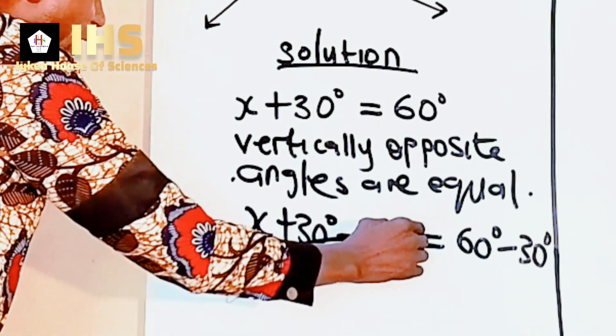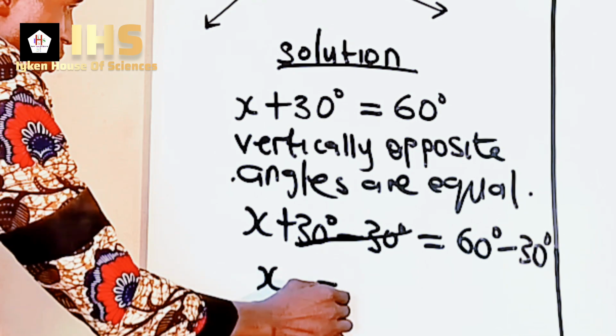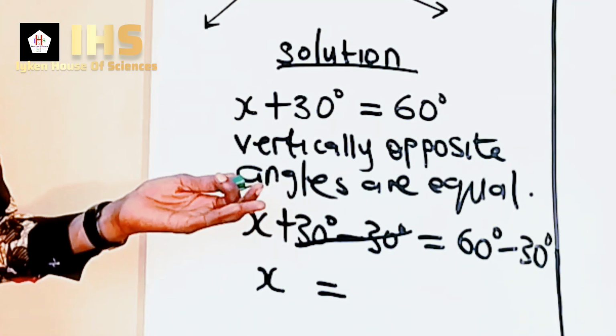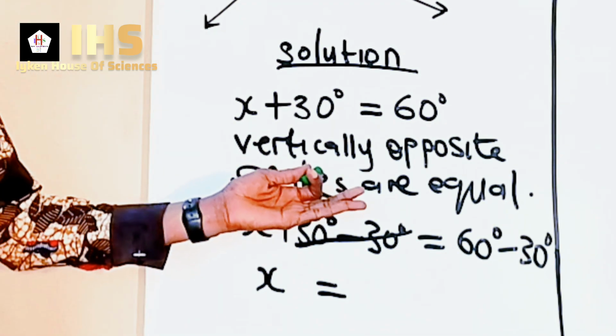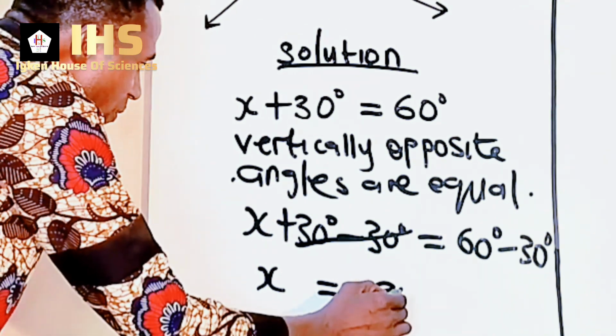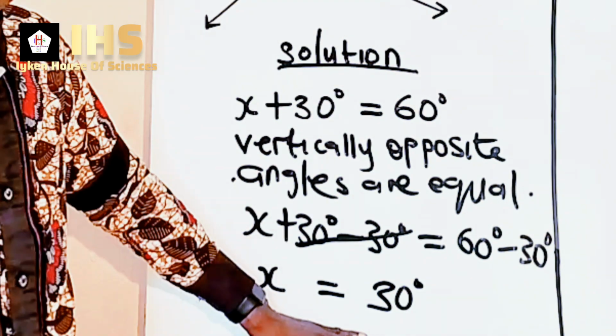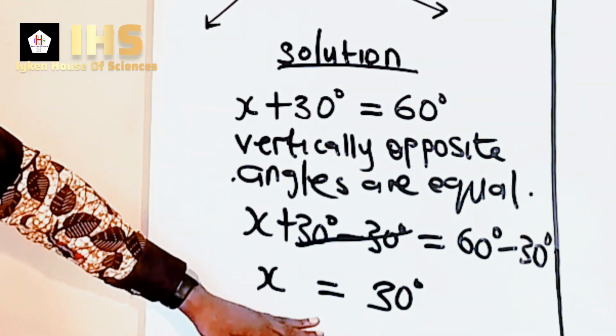So this and this will go. We are left with x equal to 60 degrees minus 30 degrees. You agree with me that is 30 degrees. Now we know the value of x to be 30 degrees.